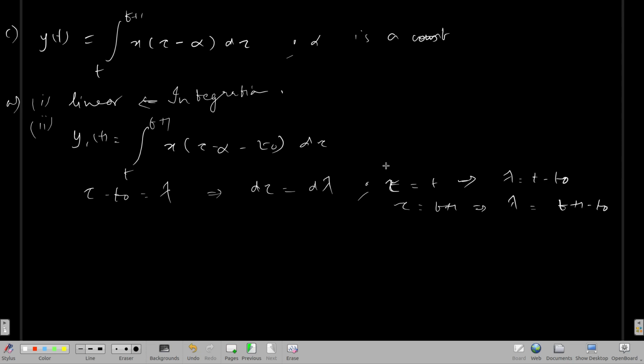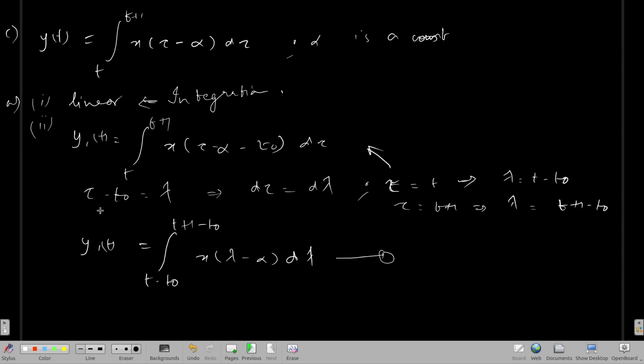So when we substitute this back into the equation, we have y1 of t is equal to the integral from t minus t0 to t plus 1 minus t0 of x of lambda minus alpha d lambda. Let this be our equation 1.